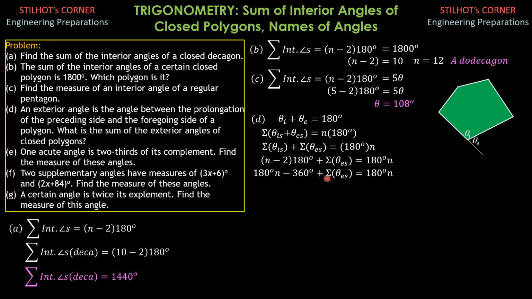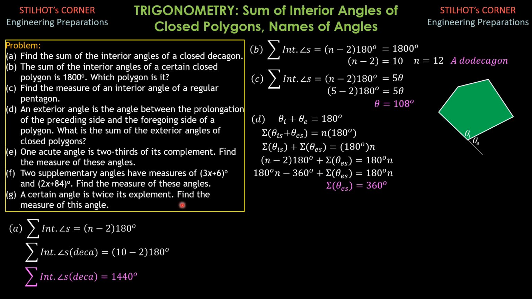Therefore, the summation of exterior angles is 360 degrees. In surveying, the sum of the deflection angles, which are these exterior angles, is also 360 degrees, and that is constant for any closed convex polygon. So remember that.